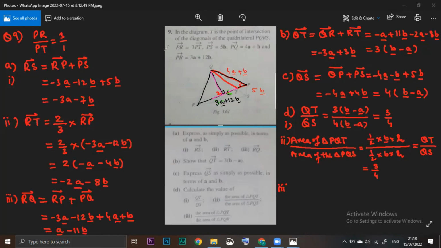Now bases are parallel, heights are equal. This one is the main concept to find out the ratio of the areas.